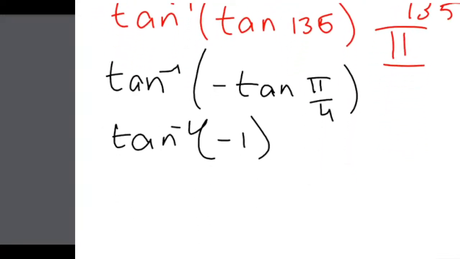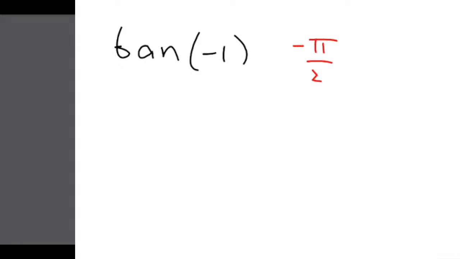So what is tan inverse of minus 1? We know that the range of tan inverse is minus pi by 2 to plus pi by 2, without the extreme points.